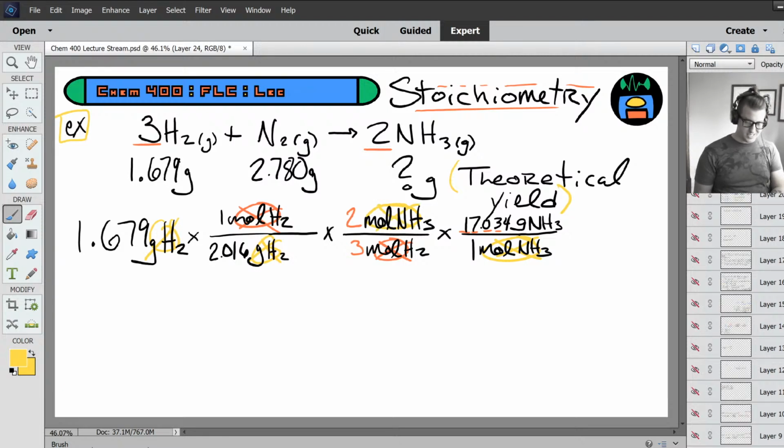So 1.679 divided by 2.016 times 2 divided by 3 times 17.034 comes out to be, let's see, we can keep 4 sig figs here because both of our atomic masses, or sorry, molecular masses have 4.